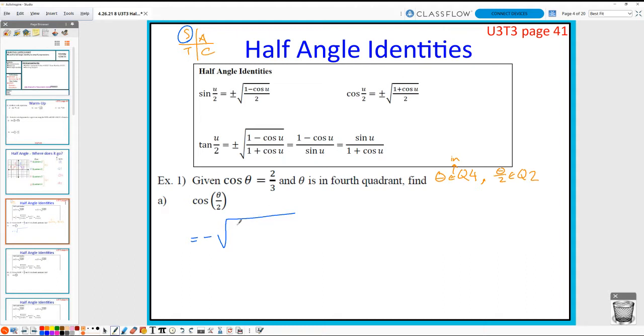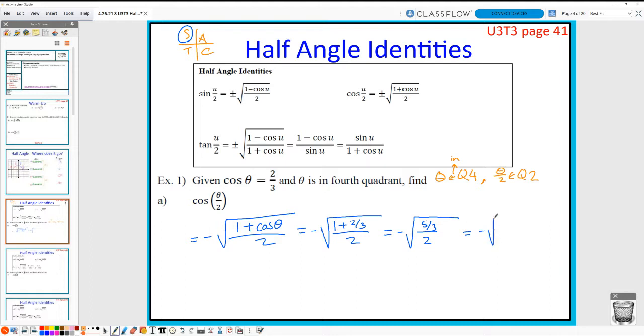All I'm going to do is just copy 1 plus cosine. I'm going to use theta here because that's what I have in the problem, all over 2. And at this point, I know what cosine is equal to because they give it to me here. Right? So that's 1 plus 2/3, all over 2. And all I'm going to do here is just simplify all the way.